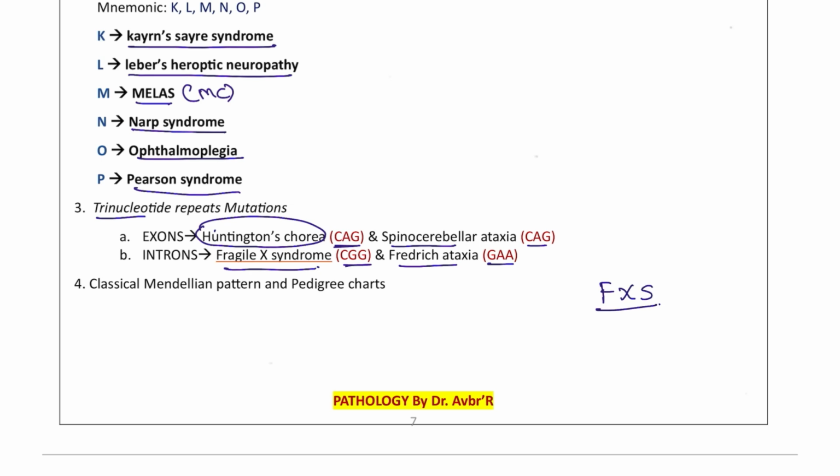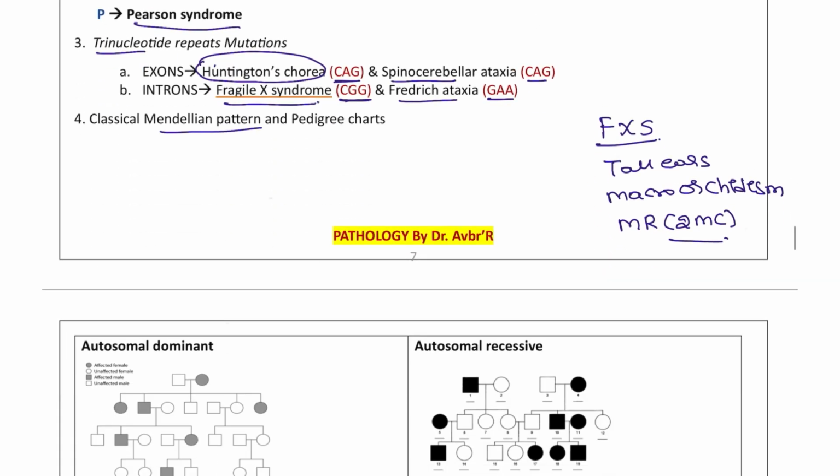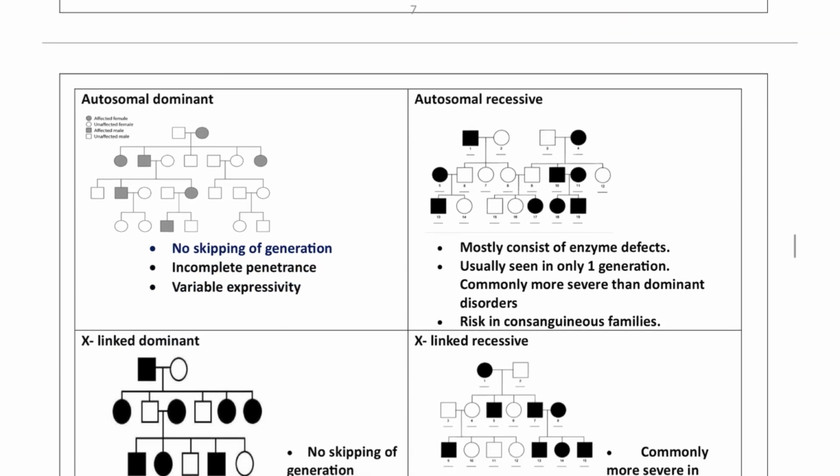The patient will have tall ears, and the most characteristic features are macroorchidism and mental retardation. This is the second most common cause of mental retardation, followed by Down syndrome. And the repeats are CGG.